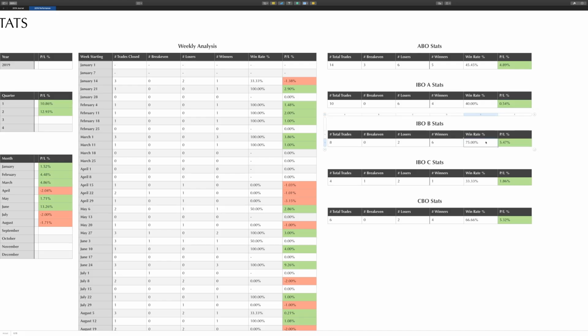IBO B, good statistics, I would say. IBO B has a 75% win rate, which is great. That is a really good win rate. 8 trades, 2 losers, 6 wins, 5% profit. So that potentially could go up slightly higher because obviously we don't have any big trades there.